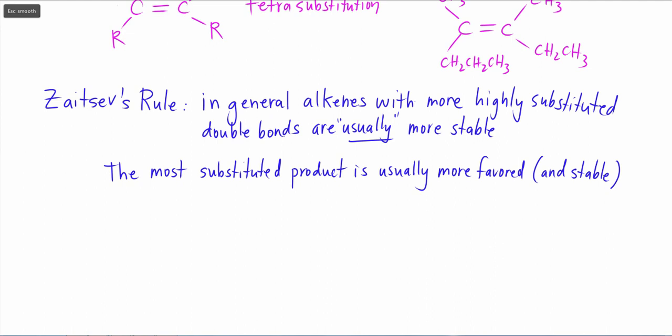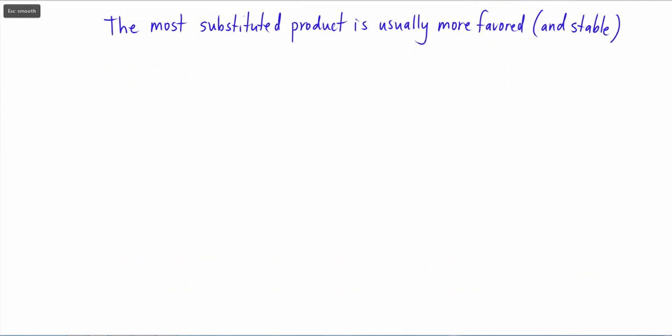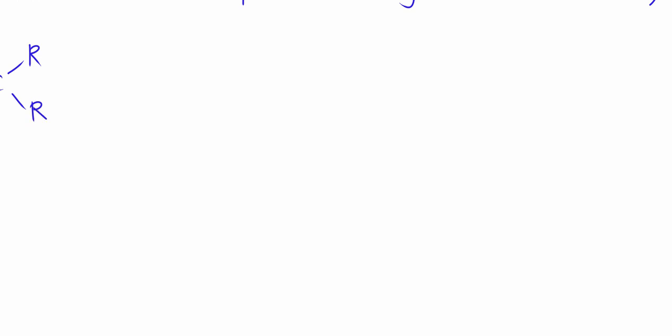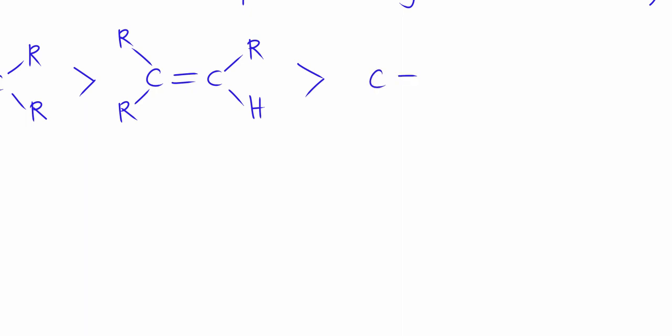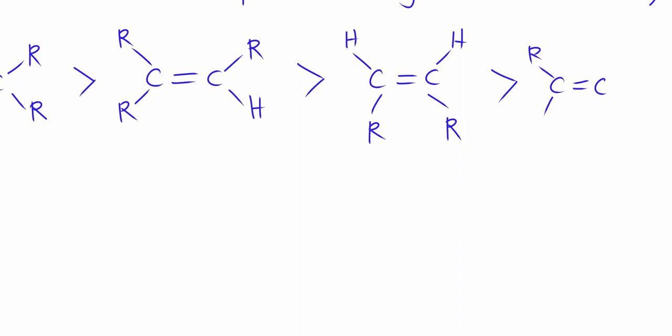So what I mean by that is, if we have a tetra-substituted product, let's say we have C double bonded to C, and these R groups are alkyl groups, it's going to be more stable than a tri-substituted, which is going to be more stable than a disubstituted, which is going to be more stable than something that's just monosubstituted.